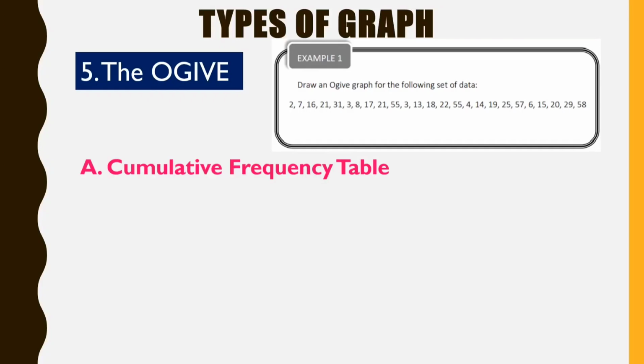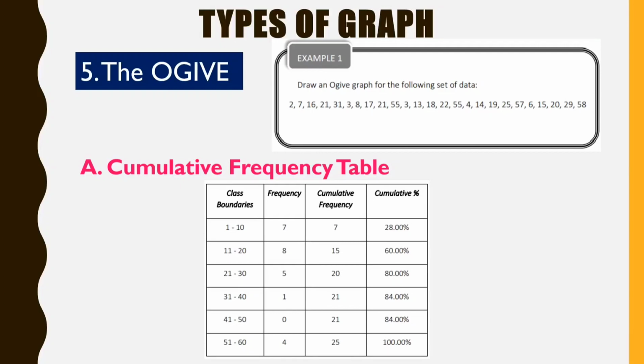We have here an example. It says, draw an ogive graph for the following set of data. And when we draw a table for that, we have here the class boundaries. The frequencies are the following. And then the cumulative frequencies are as follows. And when we get the percentage, it is as follows in the fourth column.